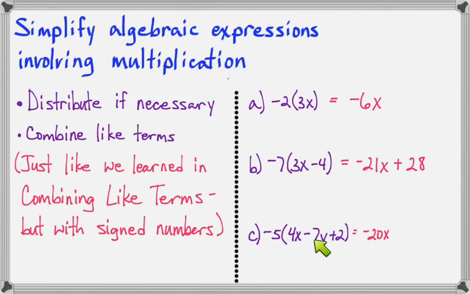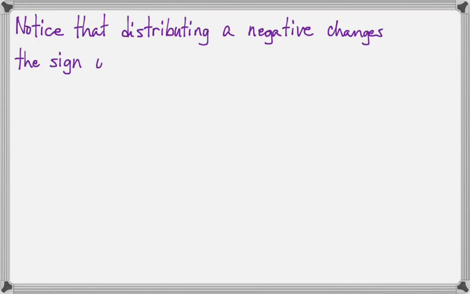Negative 5 times minus 7y, negative times negative makes positive, so we write plus 35y. Then negative 5 times positive 2, negative times positive makes negative, so we write minus 10. Alright? So notice that distributing a minus or negative changes the sign of every term inside the parentheses.